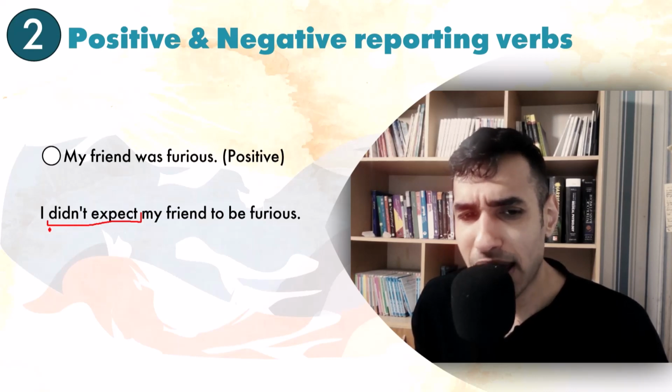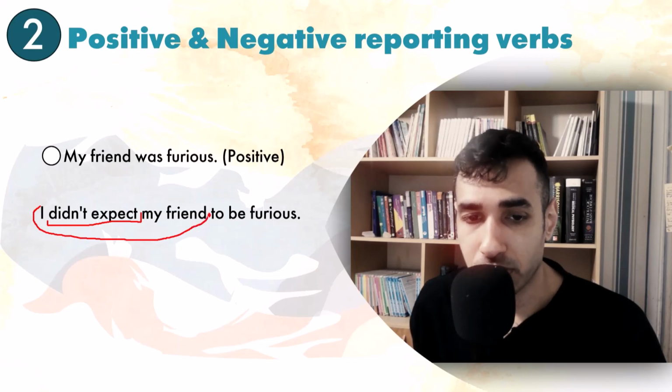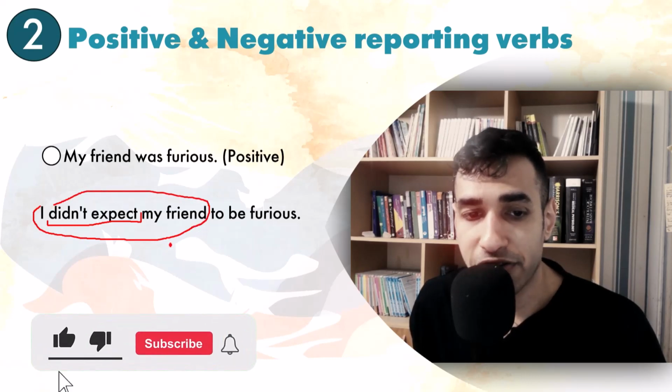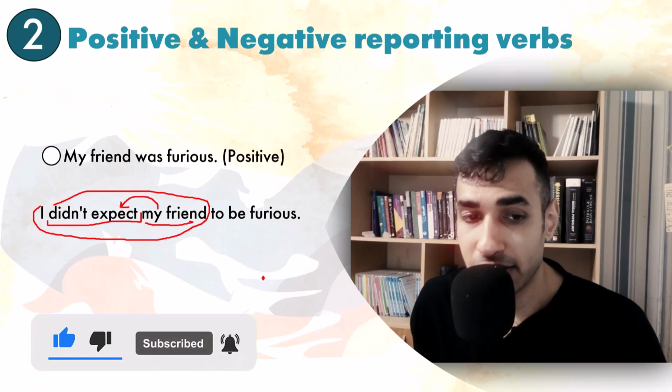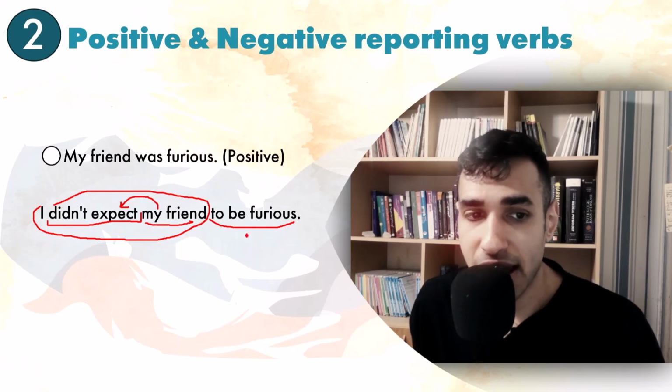I didn't expect my friend to be furious. I didn't expect my friend is my reporting clause, and my friend is the object of the verb expect. And to be furious is an infinitive phrase. This is a reported phrase.